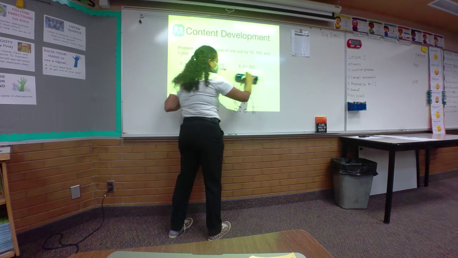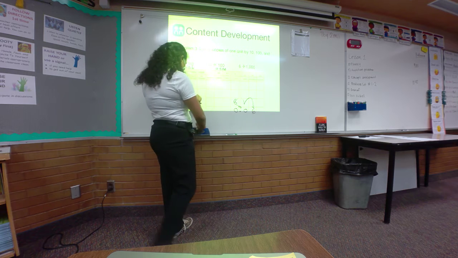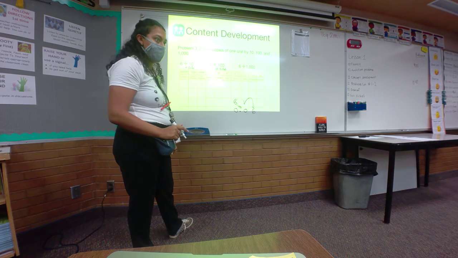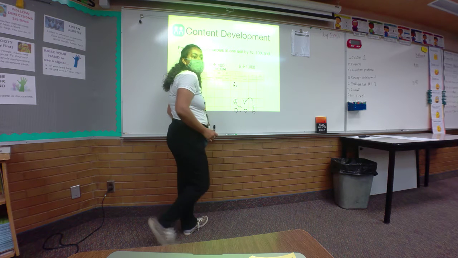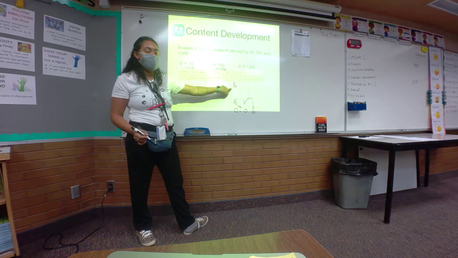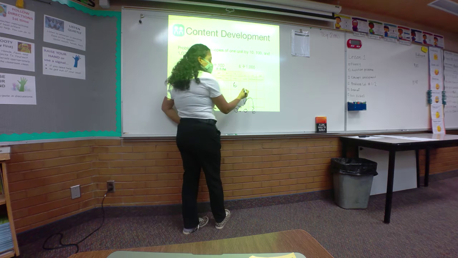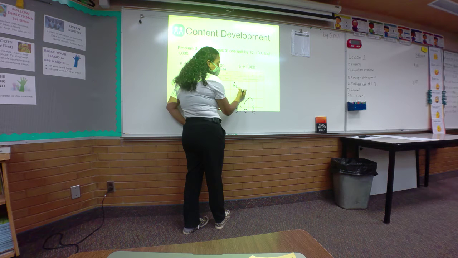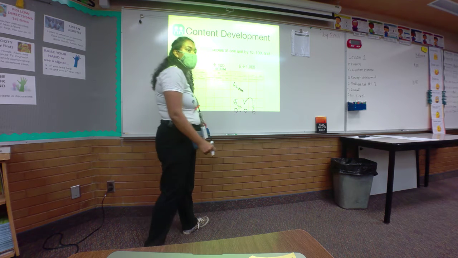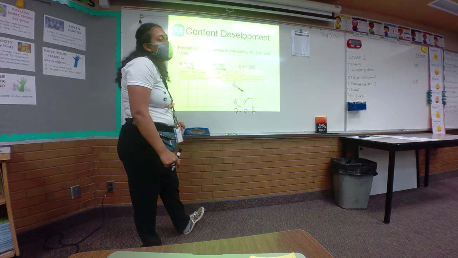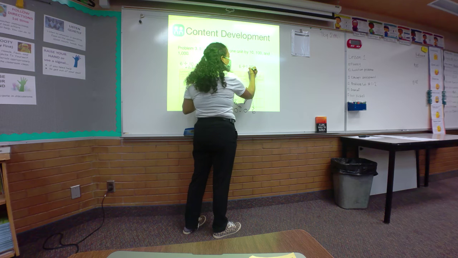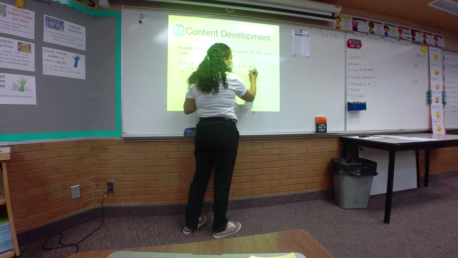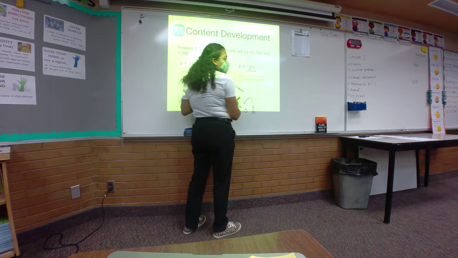Okay, last one. Ready? Elian, last one. 6 ones divided by 1,000. Okay, so 1,000 has 10 times 10 times 10.